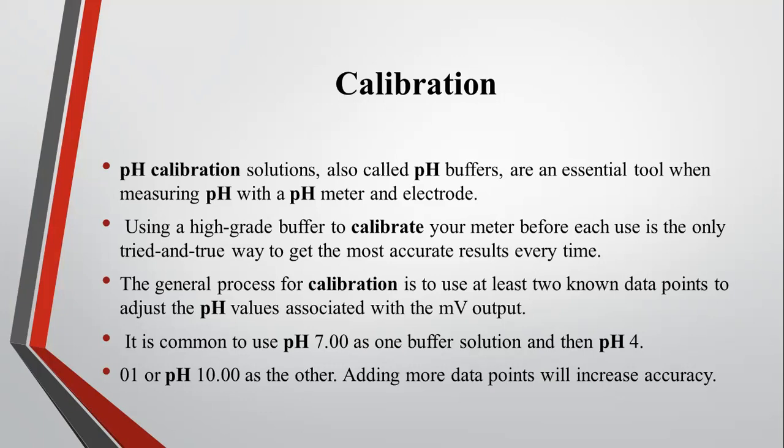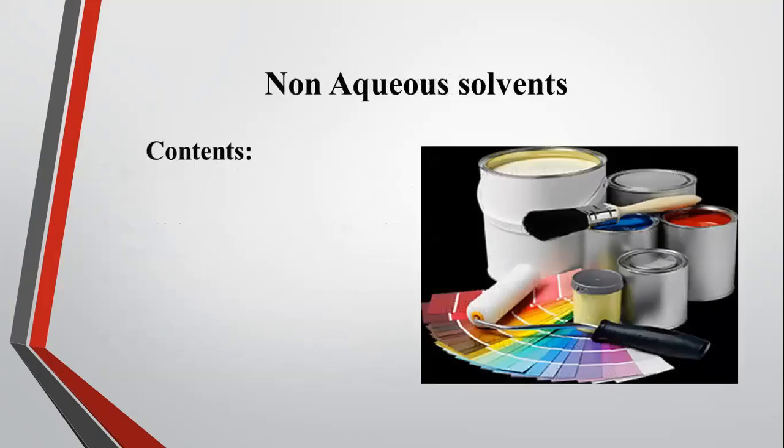The general process for calibration is to use at least two known data points to adjust the pH values associated with the mV output. It is common to use pH 7.00 as one buffer solution and then pH 4.01 or pH 10 as the other. Adding more data points will increase accuracy.